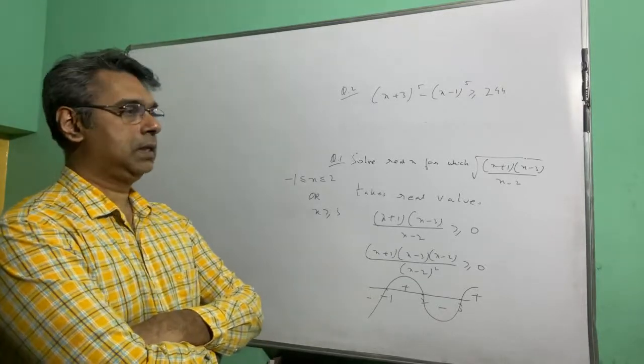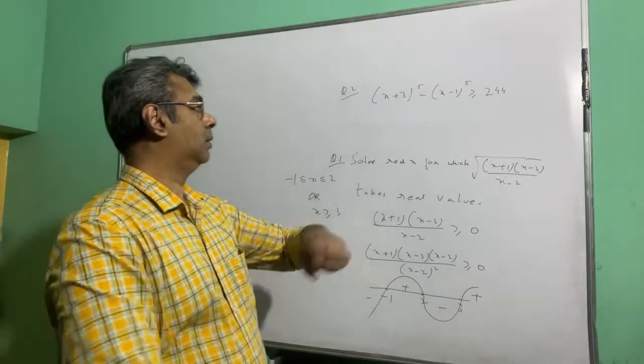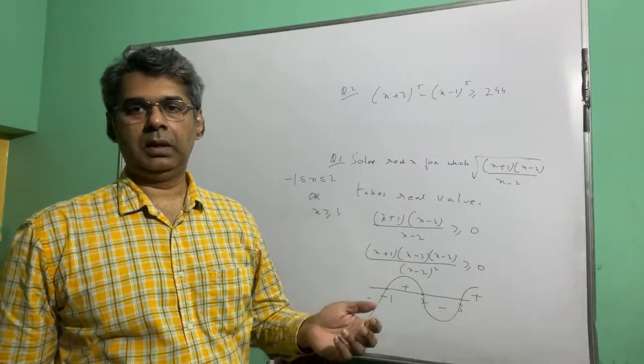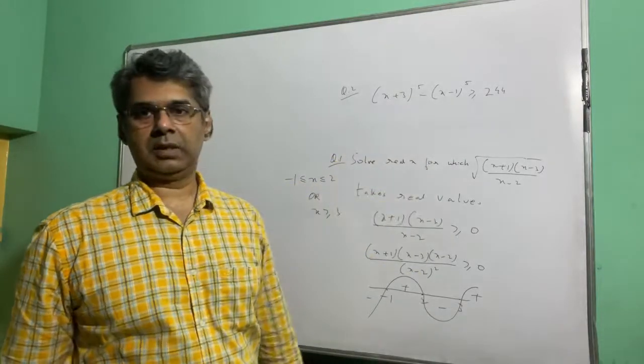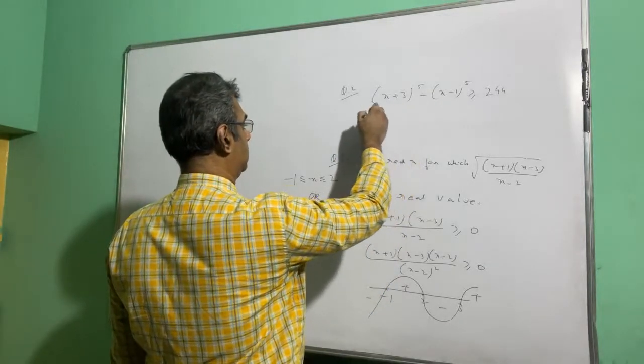So in order to make this sum a bit easier to solve, we can select a number which is the average of x plus 3 and x minus 1, a number in between the two.